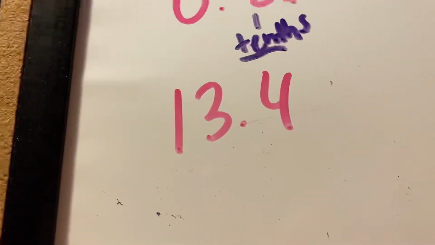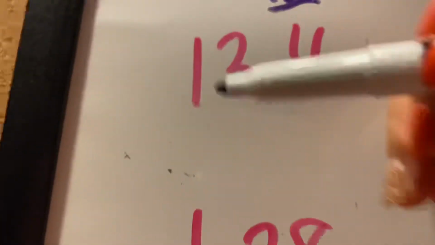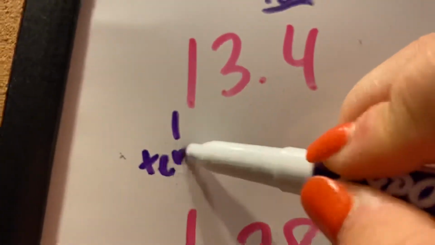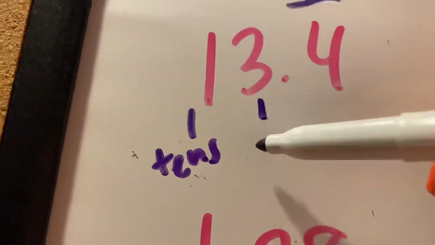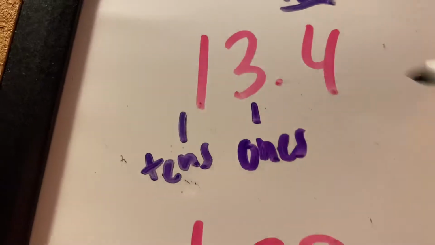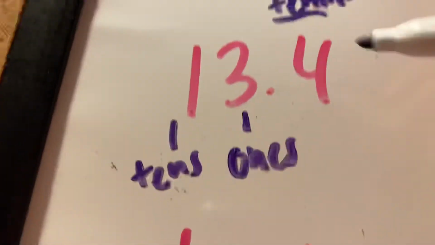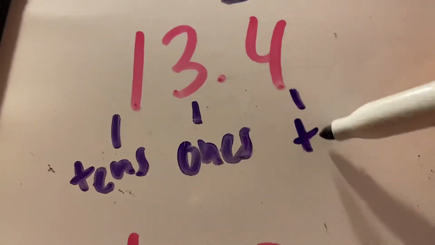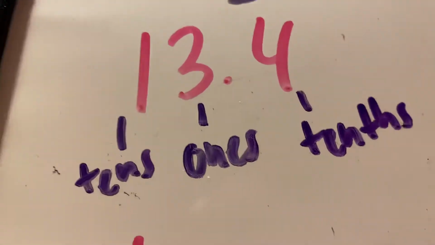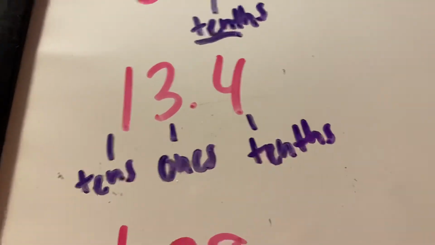So 13 is a whole number. And we know that this is the tens place, and this is the ones place. And by identifying this as the tenths place earlier, we know that the 4 is part of the tenths place.